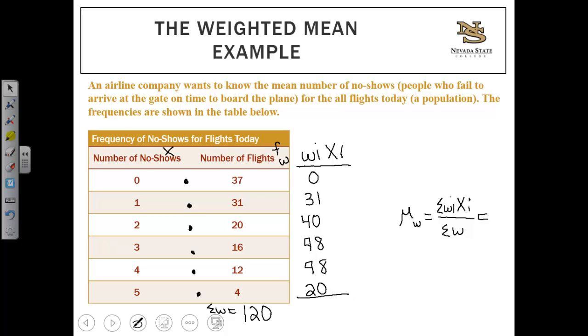You add those together, and you get the sum of each weight or frequency multiplied by its respective score, and you end up with 187. So how many no-shows were there in total today? 187. Divided by how many flights? 120. So 187 total no-shows divided by 120 flights, and you end up with a weighted mean of 1.558.